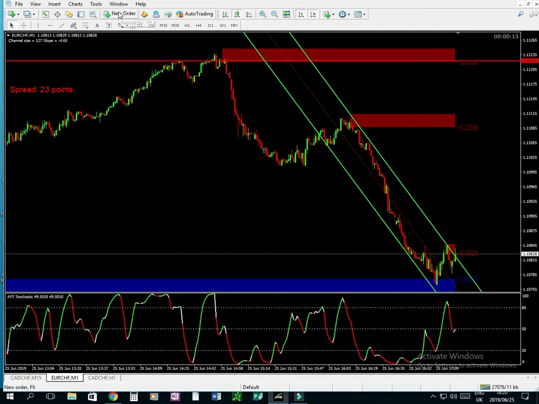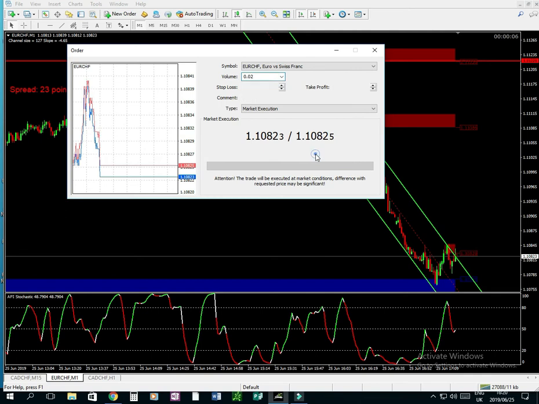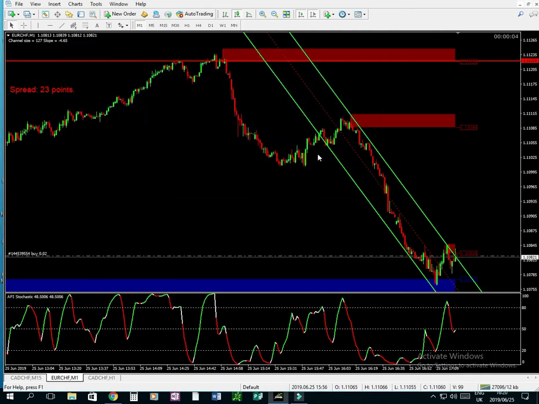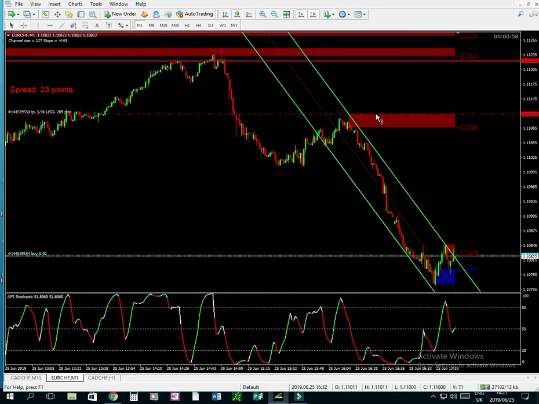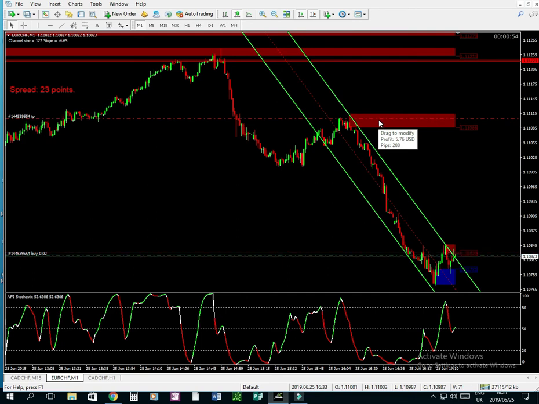So for someone who's impatient, we can always do something like this, just to risk it a bit, to give you guys the insights of how you make profits. You can set your TP just about here, which is 280 pips.